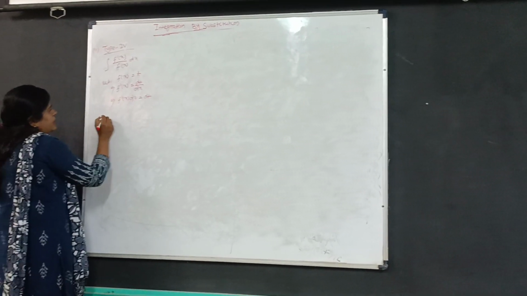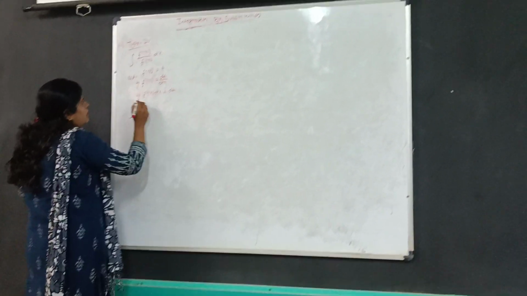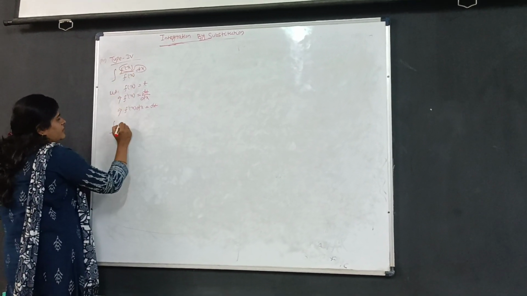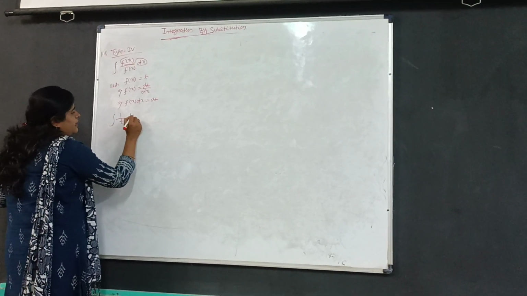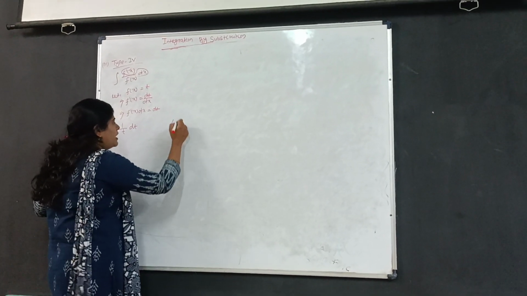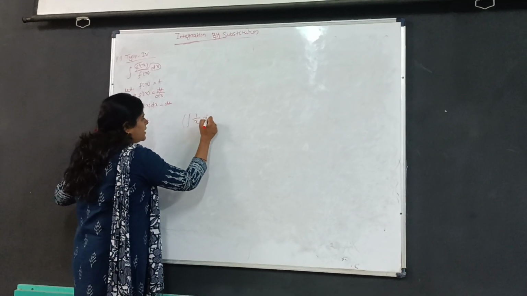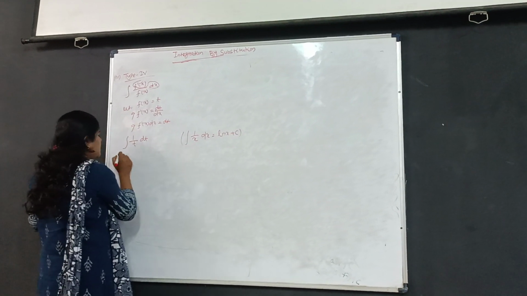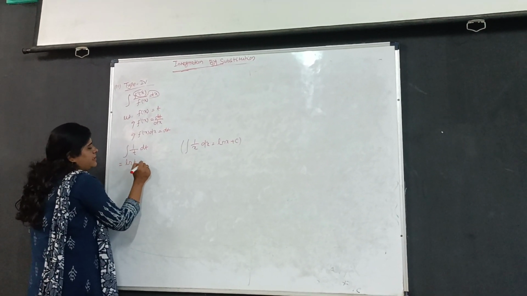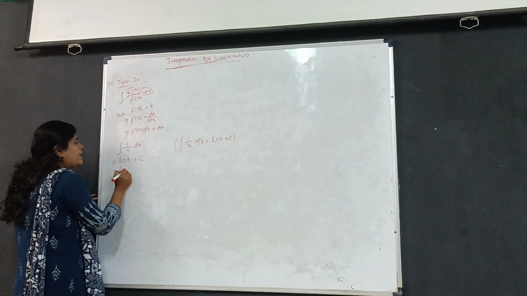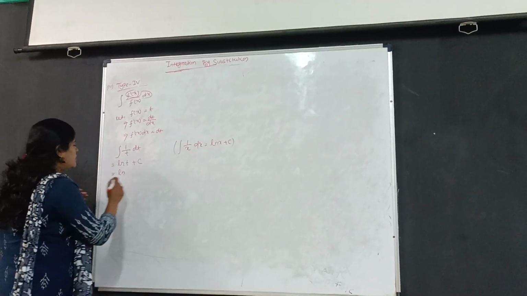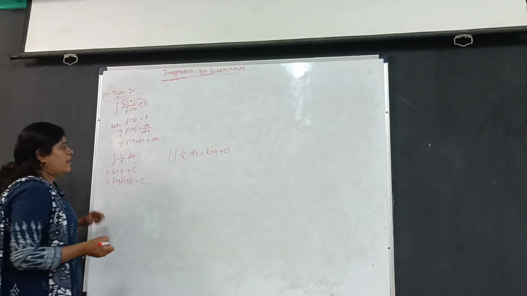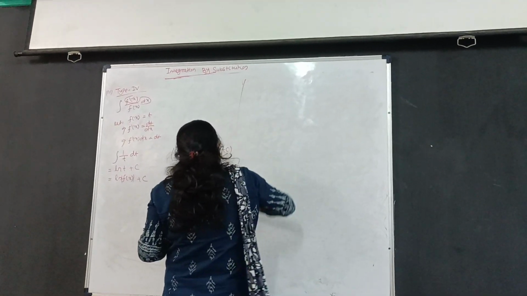So this integration is converted to integration of 1 by f of x times dt, we put 1 by t dt. Already we know the formula integration of 1 by x dx is equal to ln x plus c. So which is equal to ln t plus c, which is equal to ln, and in place of t, we substitute f of x, plus c.